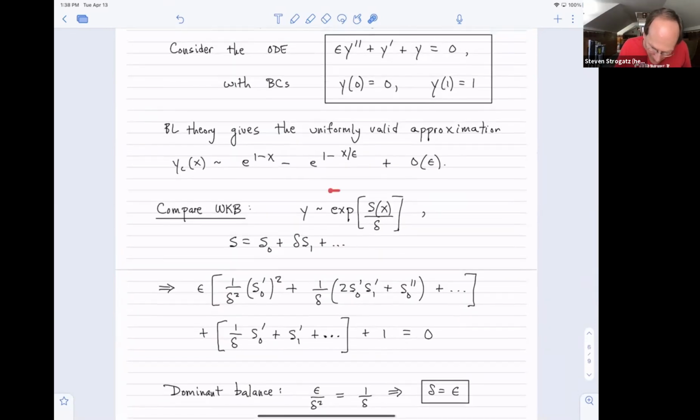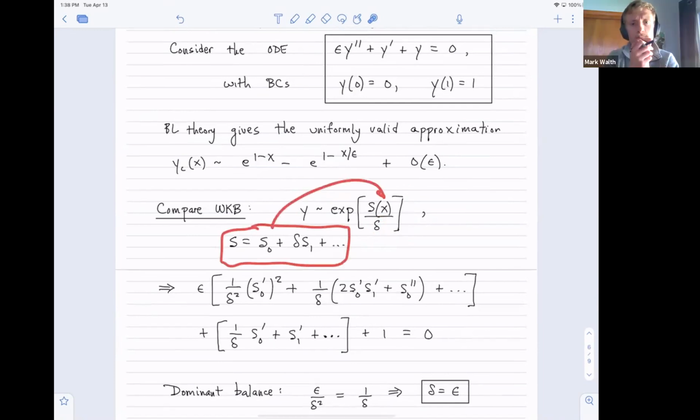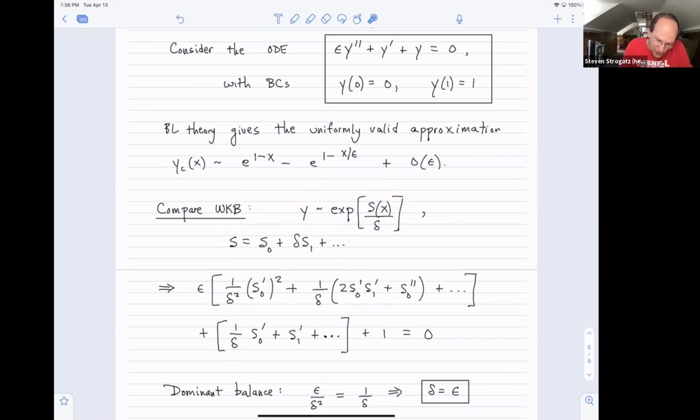What we mean when we write this is that the only dependence on the small parameter is through this kind of expression. That's how the small parameter gets into the S, not in any other way. So this S0 is truly meant to be of order 1. And this S1 is supposed to be of order 1. And this delta is supposed to reflect that the whole term is of order delta.